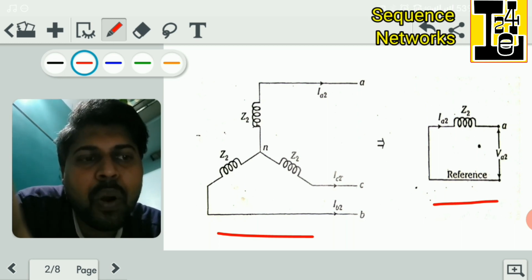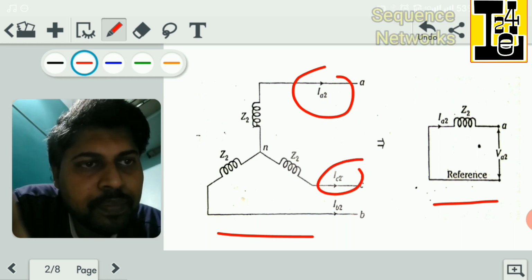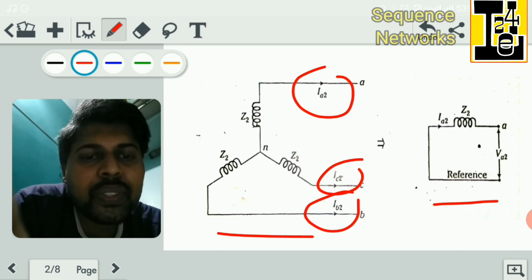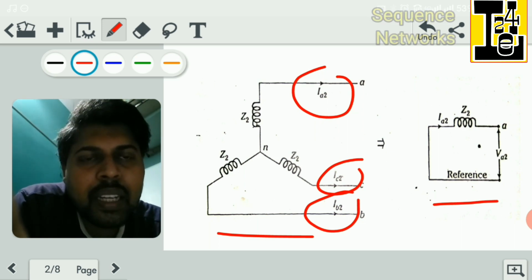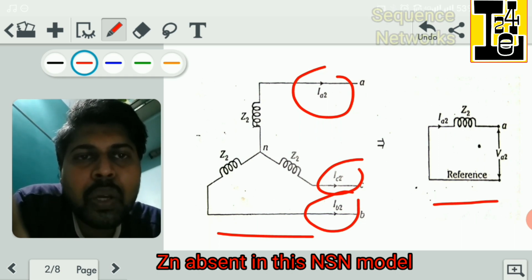However, due to a fault or an unbalanced load, the negative sequence currents can flow in the machine, which is shown here. Since the negative sequence currents do not flow in the neutral, the neutral impedance does not appear in the negative sequence model of a synchronous machine.